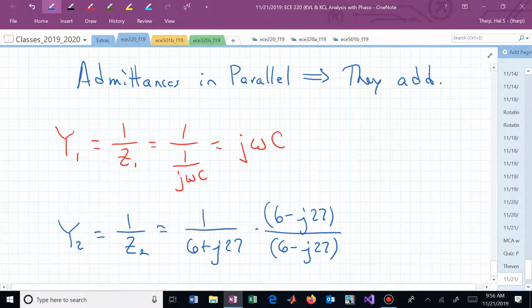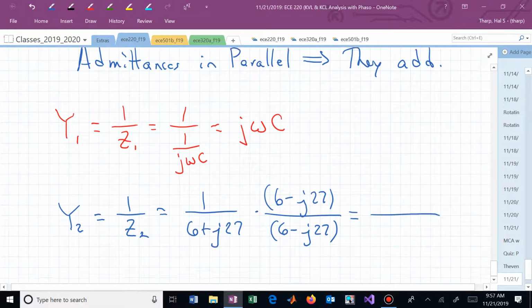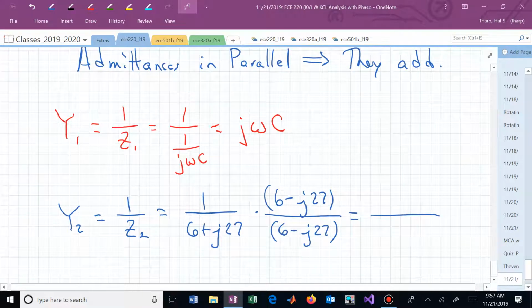What do I get downstairs? Because of the multiplication by the conjugate, I get the real part squared plus the imaginary part squared. The cross terms in FOIL, first, outer, inner, last, the OI, the OI, they cancel.